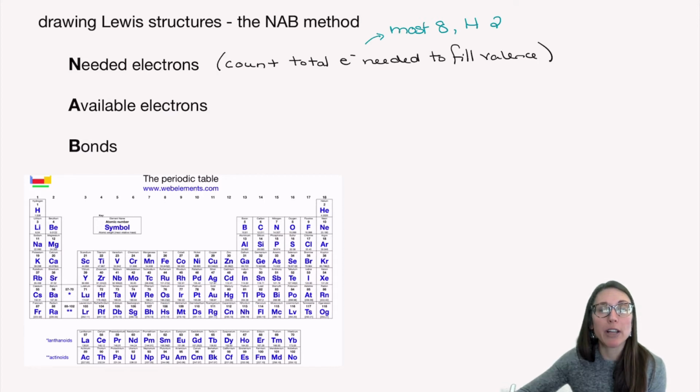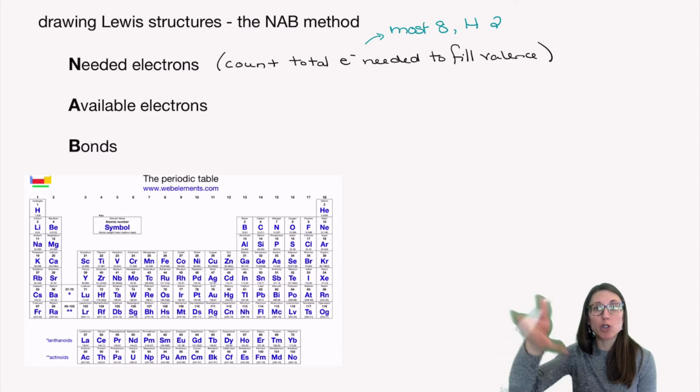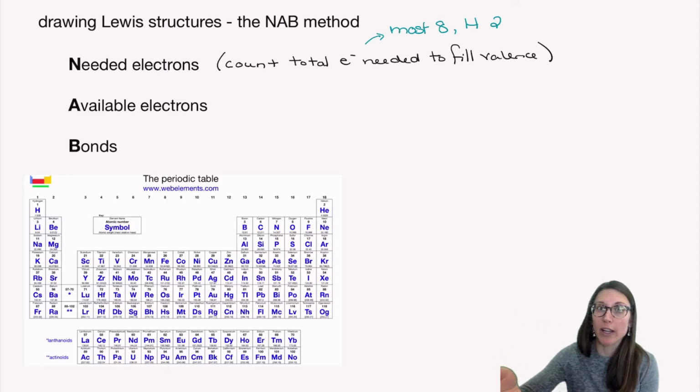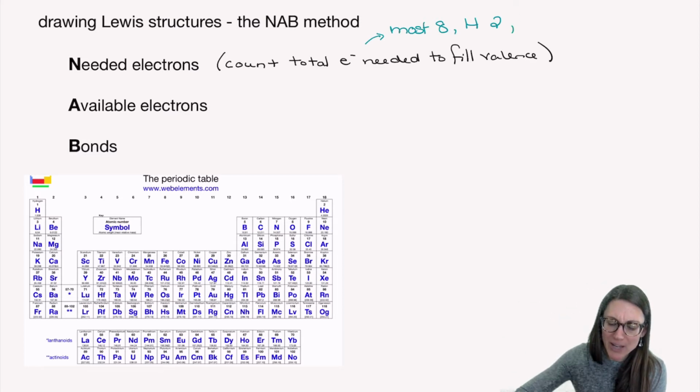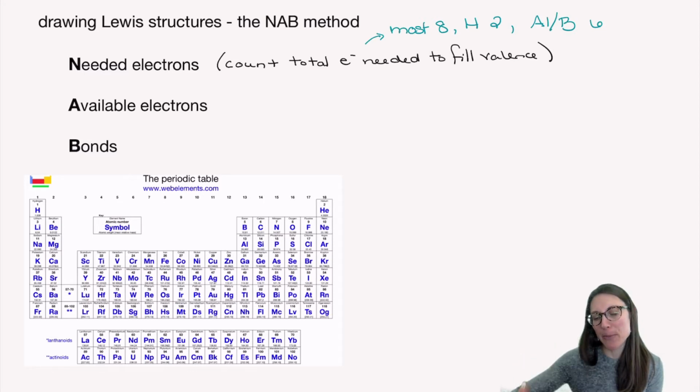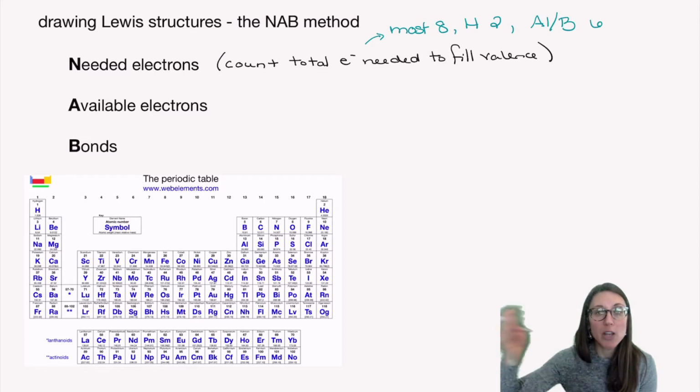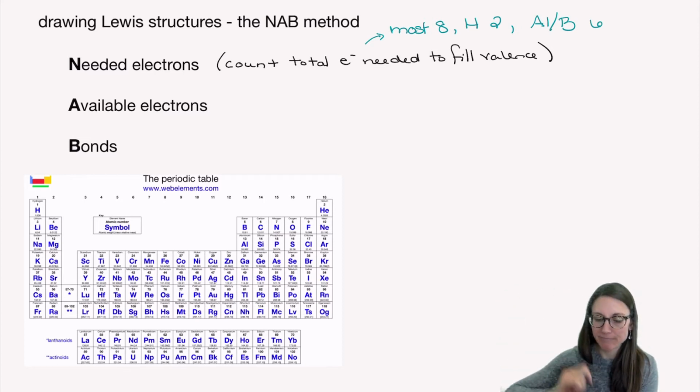Its electron configuration is 1s1. The 1s orbital can only take 2 electrons, so it needs 2 electrons to fill that valence shell because it's on that first period. A couple other exceptions you'll come across fairly commonly. Aluminum and boron actually only need 6. That tends to be their stable number. We'll talk about why in class, but just be aware that those are some exceptions to the 8 rule.